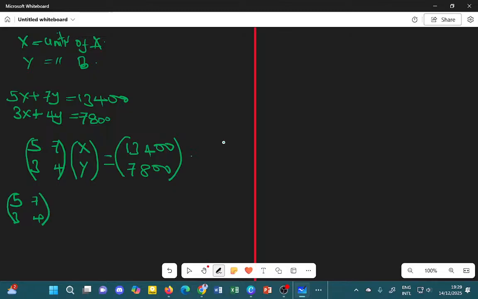See that? But you see, I want the inverse of that. And I know that to get the inverse of that, the inverse will be given by 1 over the determinant.